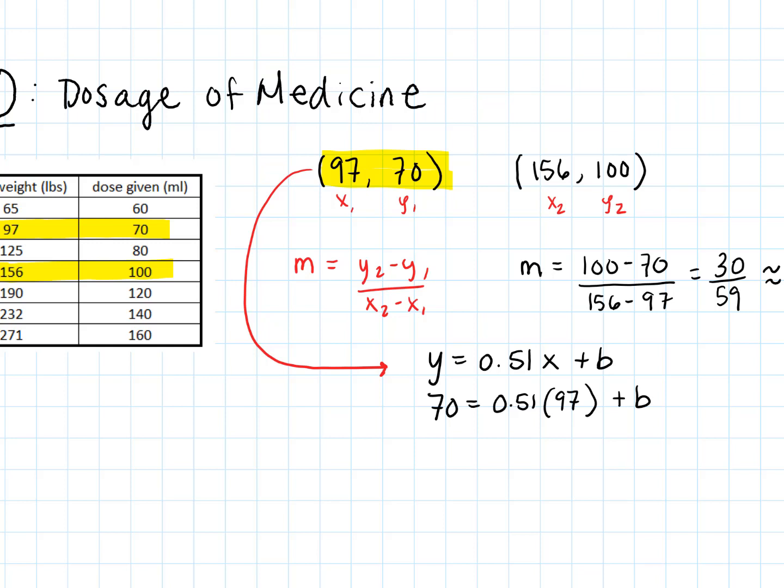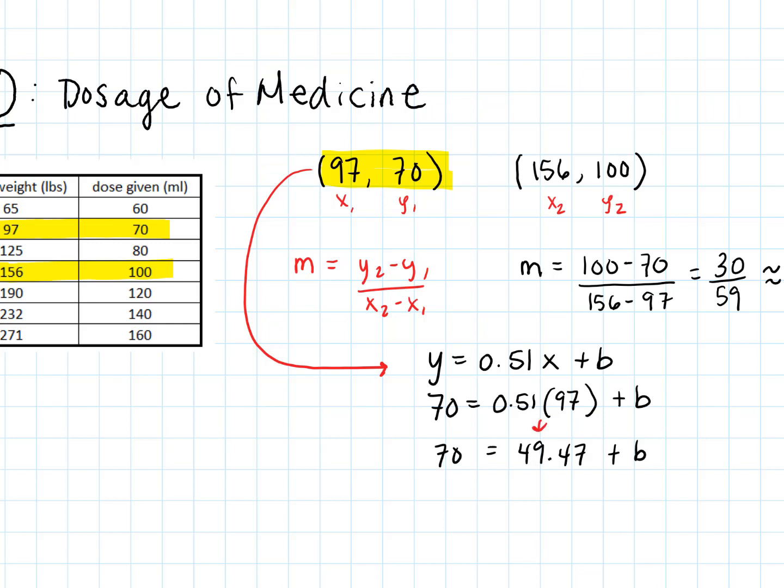Well, first thing, and then I'm going to simplify. So first thing I'm going to do is take that 0.51 and multiply by 97. And that gives me 49.47.